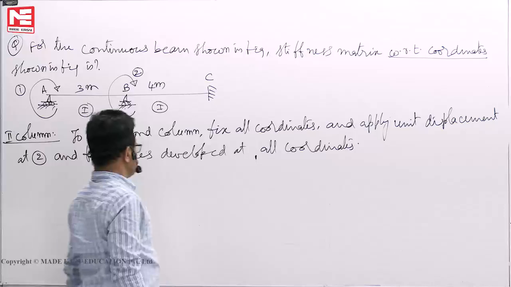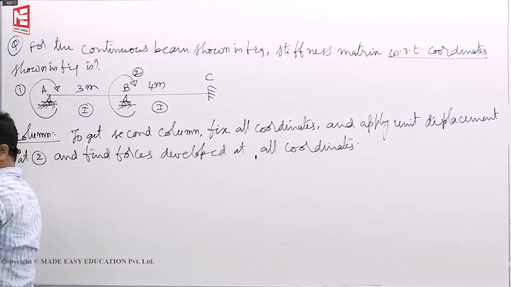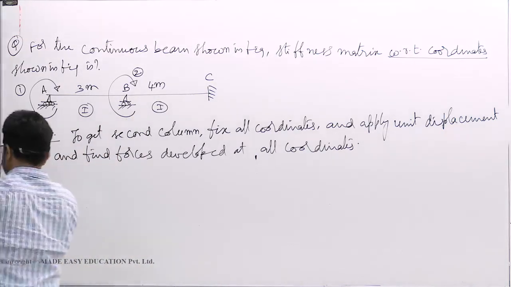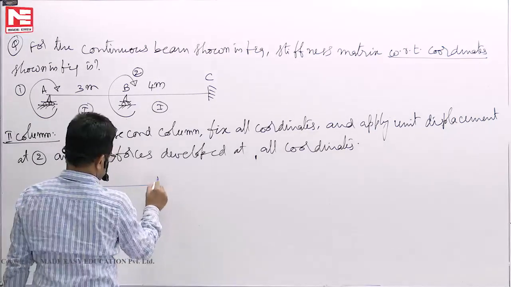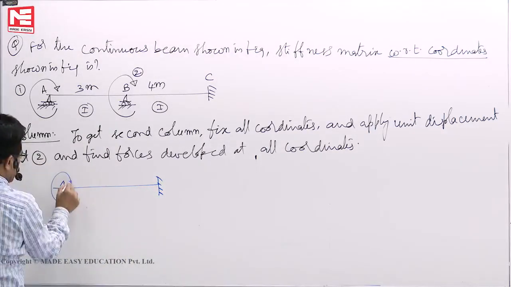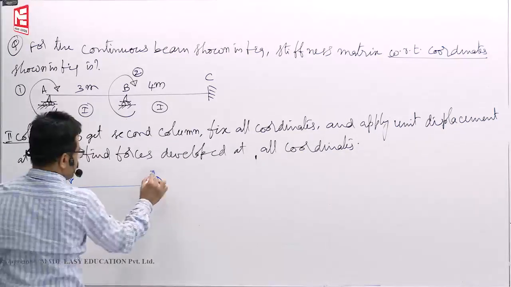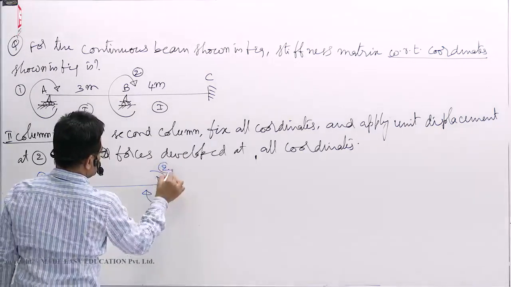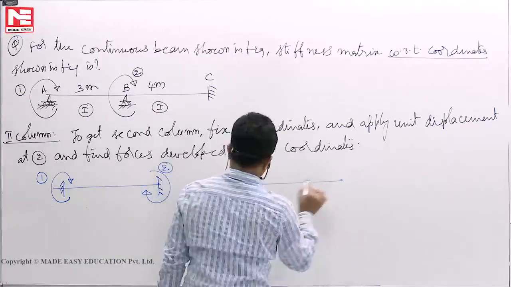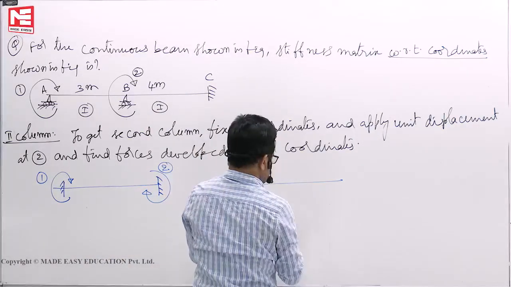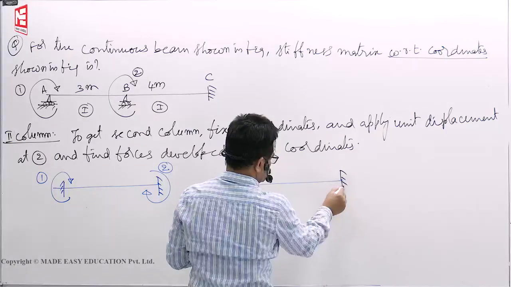This is the process. Now you see, the symbolic representation of fixing all the coordinates is like this. Coordinate 1, symbolic representation. Coordinate 2, clockwise. Now this is the actual fixed support.